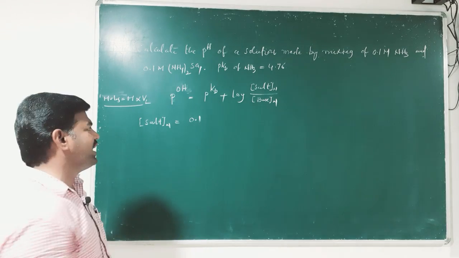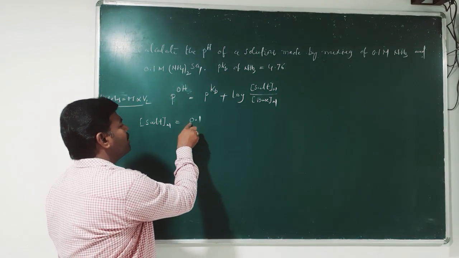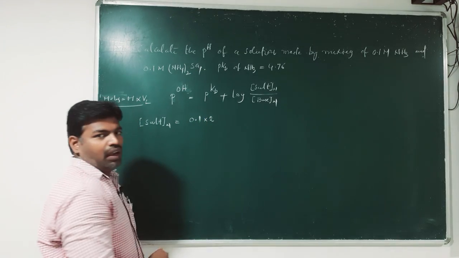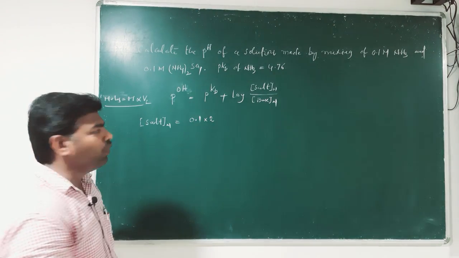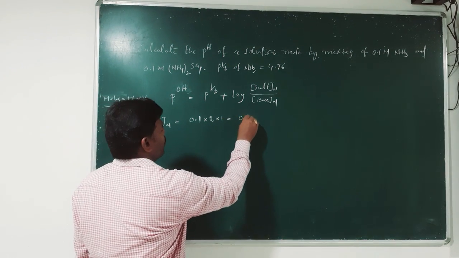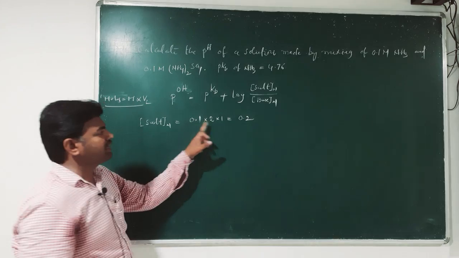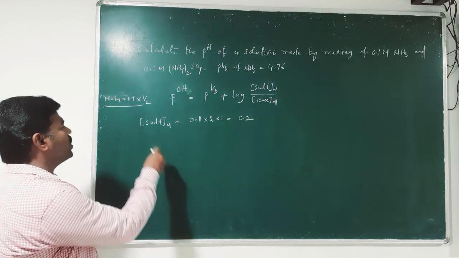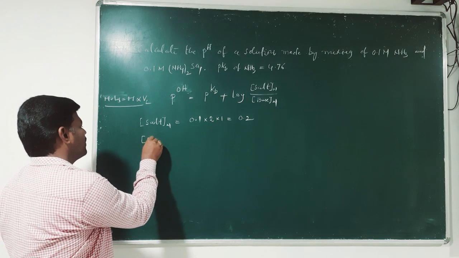By multiplying the molarity with the N factor we get the normality, and the volume is 1 liter, so we can write it as 0.2.